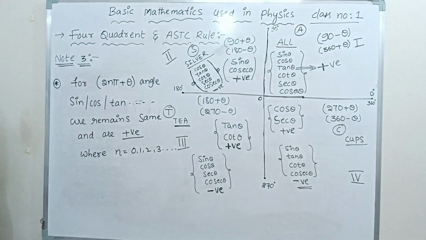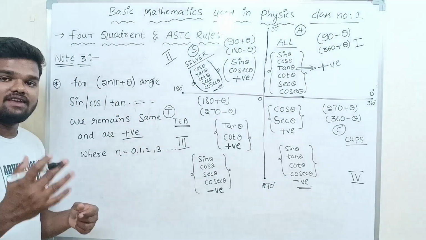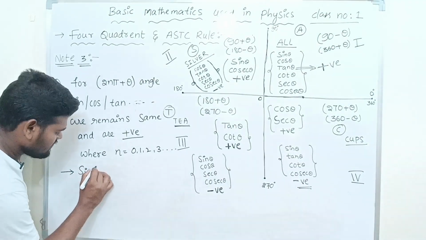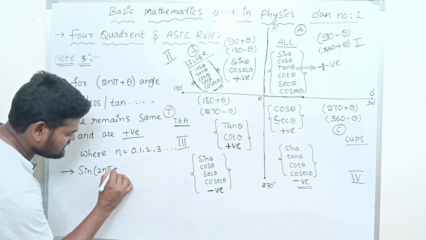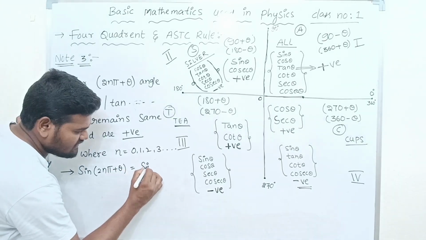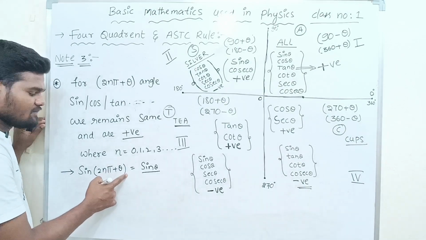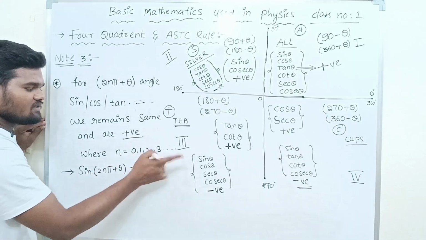This is called an even function. So what he was saying, sine of 2n pi plus theta is equal to sine theta. No changes. Sine theta remains sine theta at 2n pi plus theta, where n stands for 0, 1, 2, 3, 4, 5 and so on.